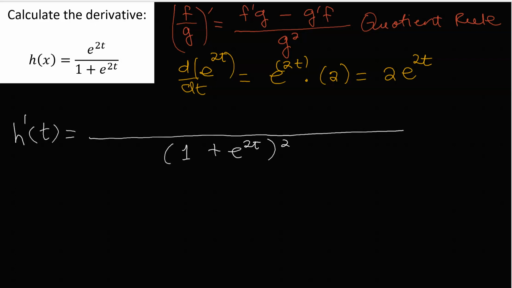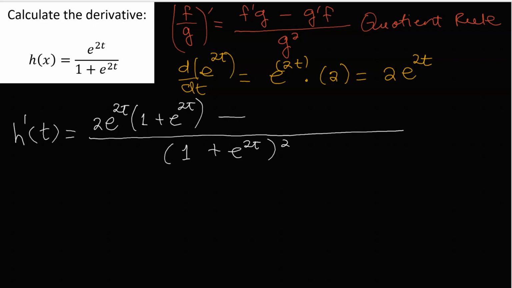Okay? And then on the numerator, we would say the derivative of the first, which is 2e to the 2t, multiplied by the second, which is 1 plus e to the 2t, minus the derivative of the second. And the derivative of 1 is 0.